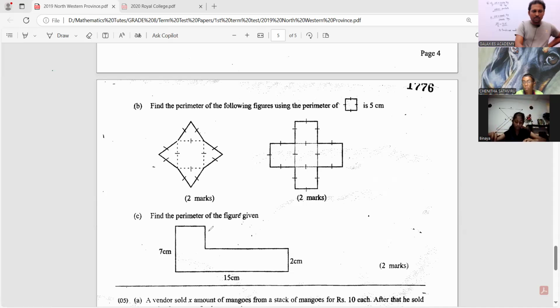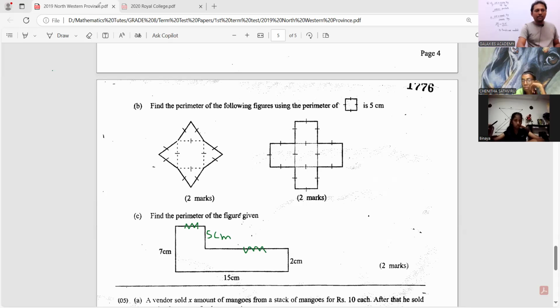So this length should be 5 centimeters, because 5 plus 2 is 7. It is equal to this one. Then I will mark some lines. This line and this one. The sum should be 15 centimeters.